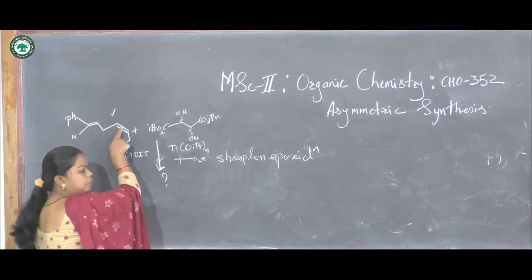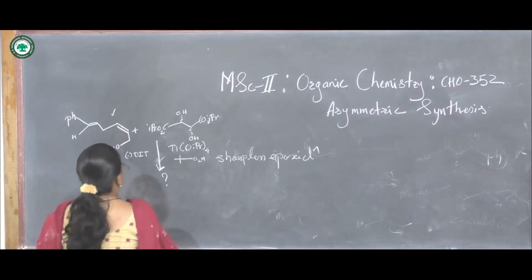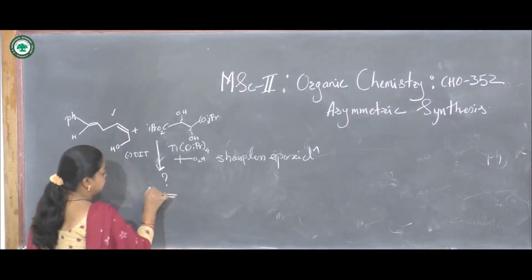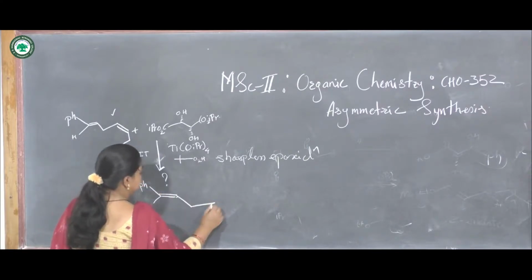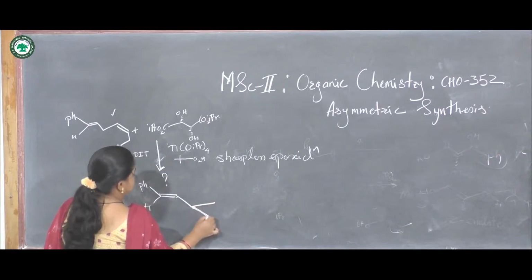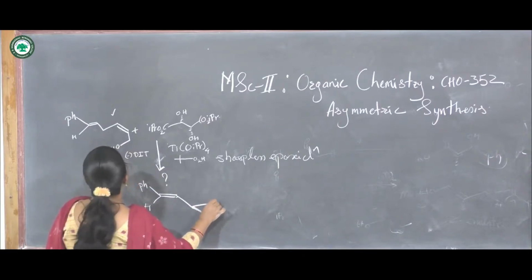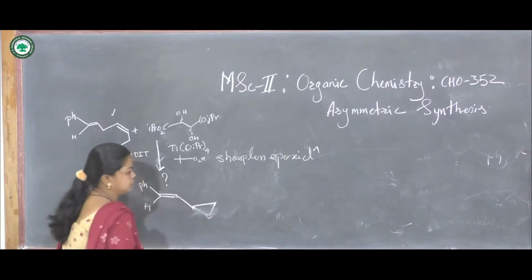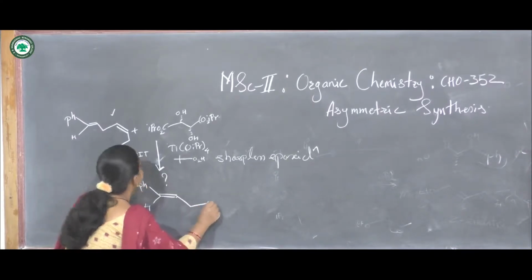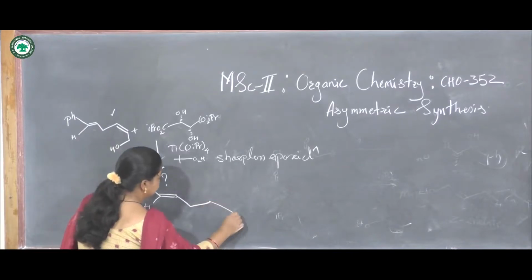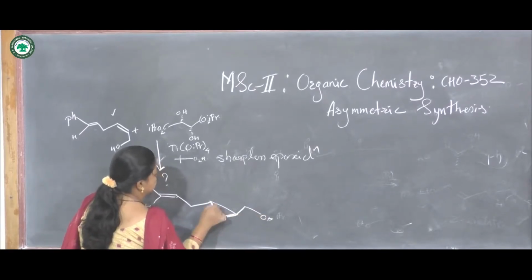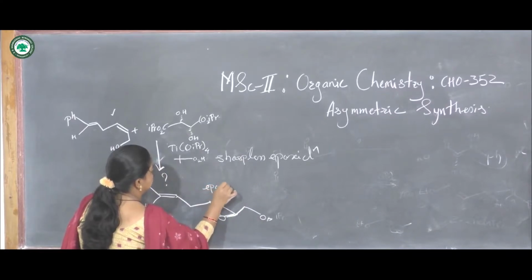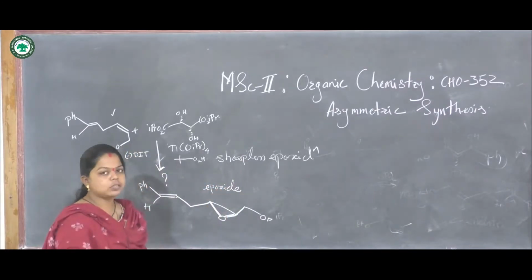Only the allylic double bond will get oxidized and we get the corresponding product. So we are getting the epoxide compound.